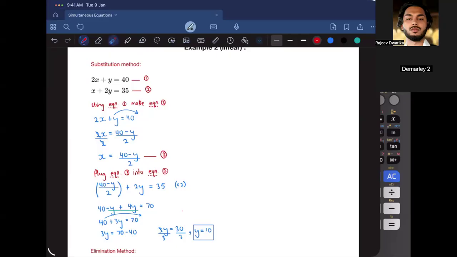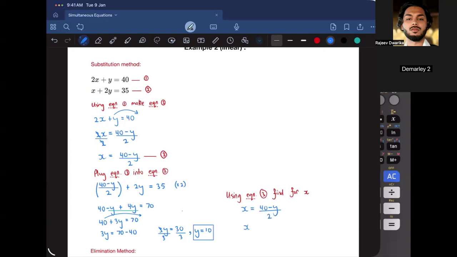Yes, and equation 3 is telling us that x is going to be equal to 40 minus y over 2. All right, so we're going to say using equation 3, find for x. So remember, x is equal to 40 minus y all over 2.